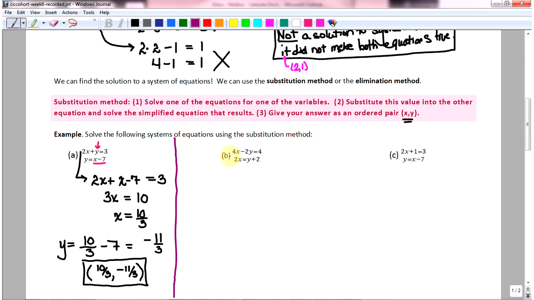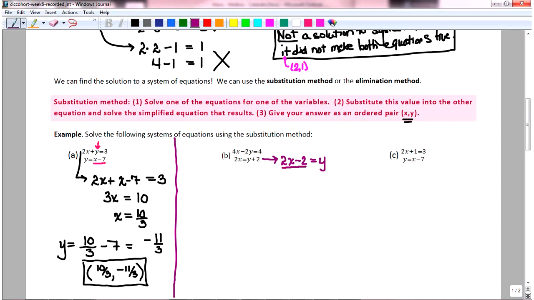So again, we want to solve using the substitution method. So first thing we have to do is to get one of the variables by itself. So in both of our equations, well, in neither of the equations do we have a variable by itself. But it looks like the second equation would be easy to get y by itself by subtracting 2 over to the other side. So in that second equation, you can rewrite that as 2x minus 2 is equal to y.